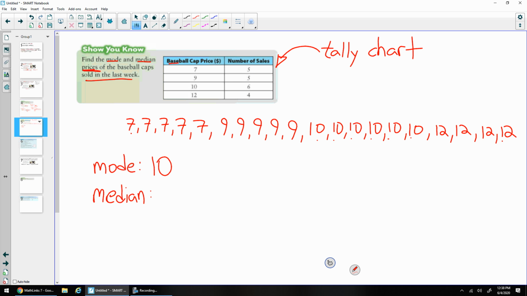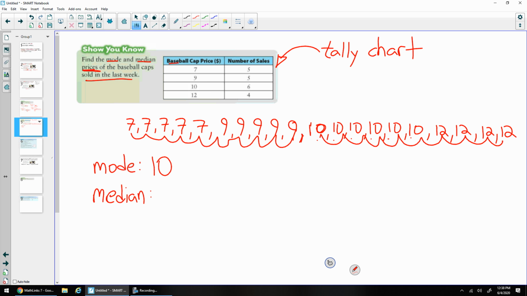And then you can count your way in. So 1, 2, 3, 4, 5, 6, 7, 8, 9. Oh, and then in the middle, in between 9 and 10 would be our median.